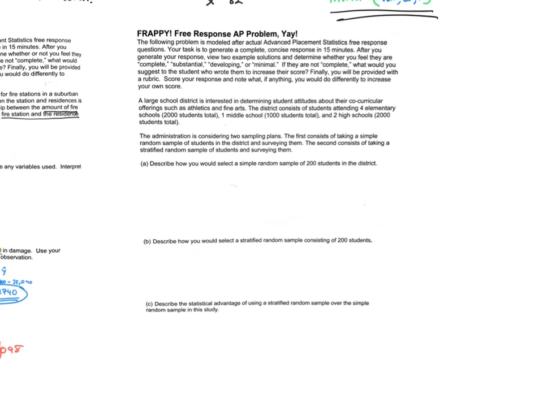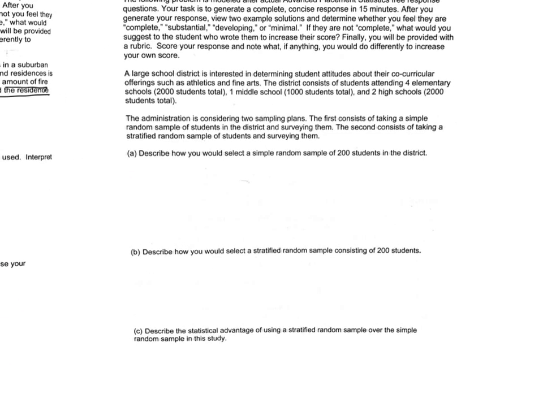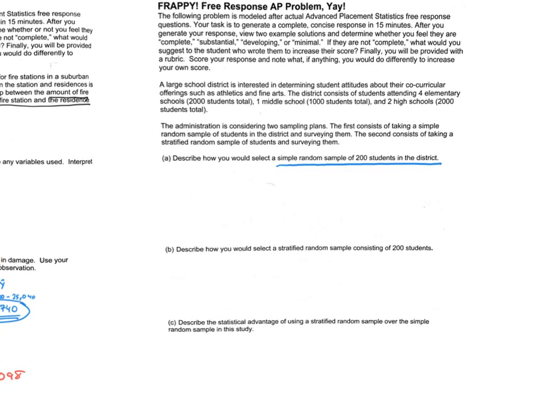All right, so there's number 3. And let's jump right into number 4. Number 4, we are talking about sampling versus experimenting in chapter 4. And so what this was about, describe how you select a simple random sample of 200 students in the district, right? So we have this, I basically say get a list of every student in the district.